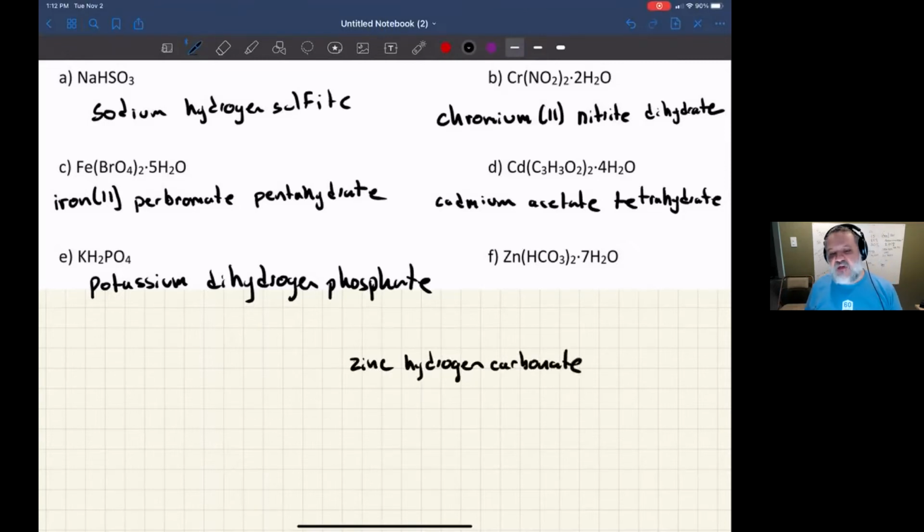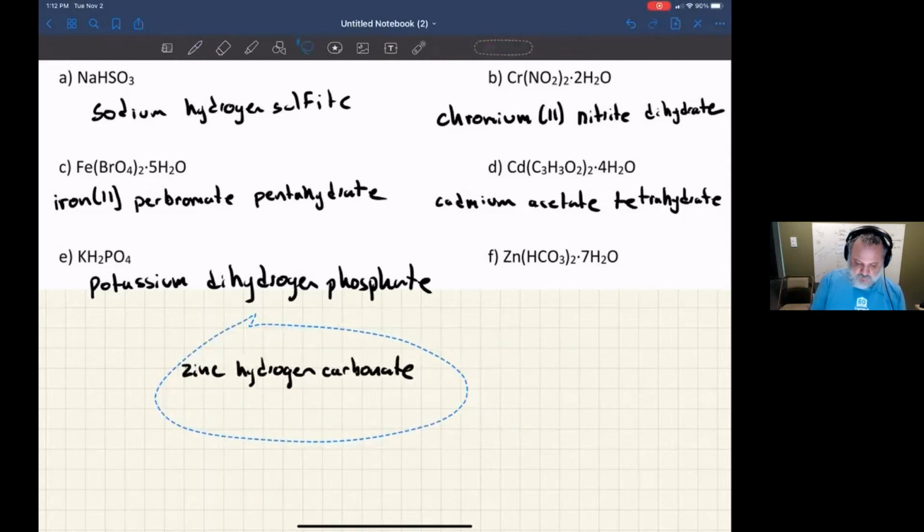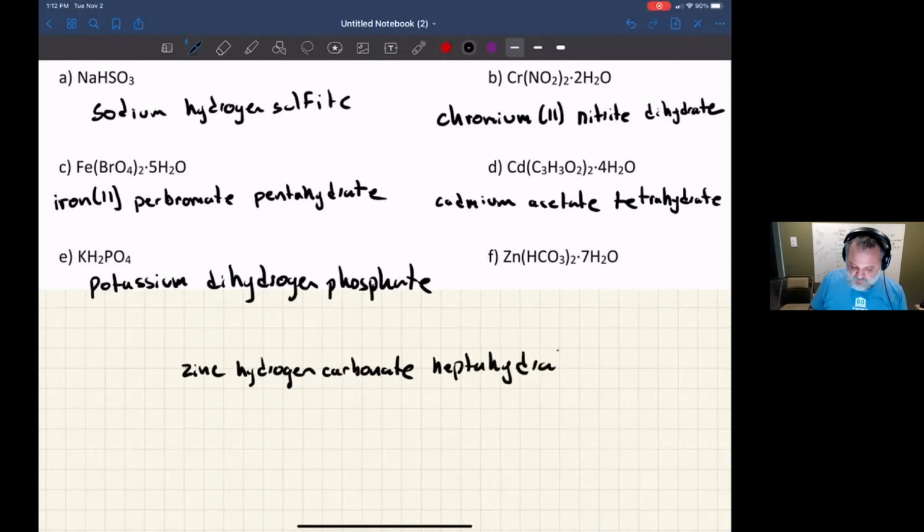And it's got 7 waters of hydration. So it's zinc hydrogen carbonate heptahydrate. All right, that's a big name, but it tells you everything you need to know to write down that formula. And so that's it.